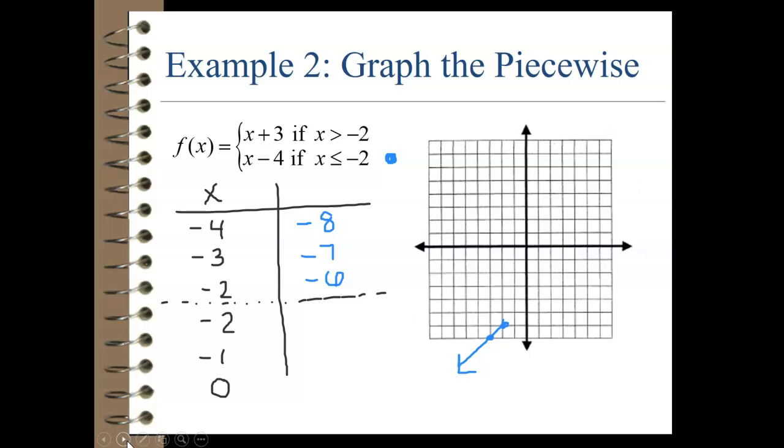Okay, -2 plus 3 is 1. -1 plus 3 is 2. And 0 plus 3 is 3. So at -2, 1, it is an open circle.